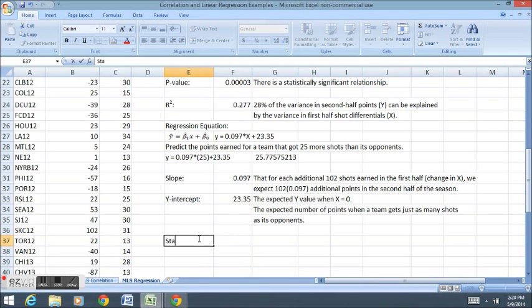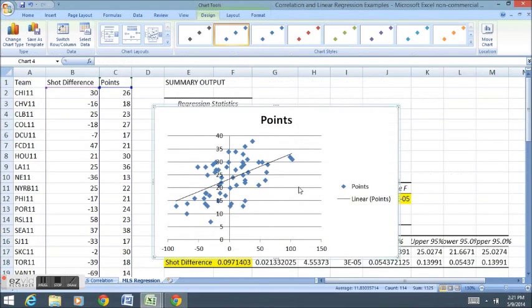The last thing I want to talk about here is the standard error. The standard error is a measurement of that distance between each of the points and the line. Recall the trend line we saw earlier. Some of these points were very far from the line, like this one. Other points were almost right on the line, like this one.